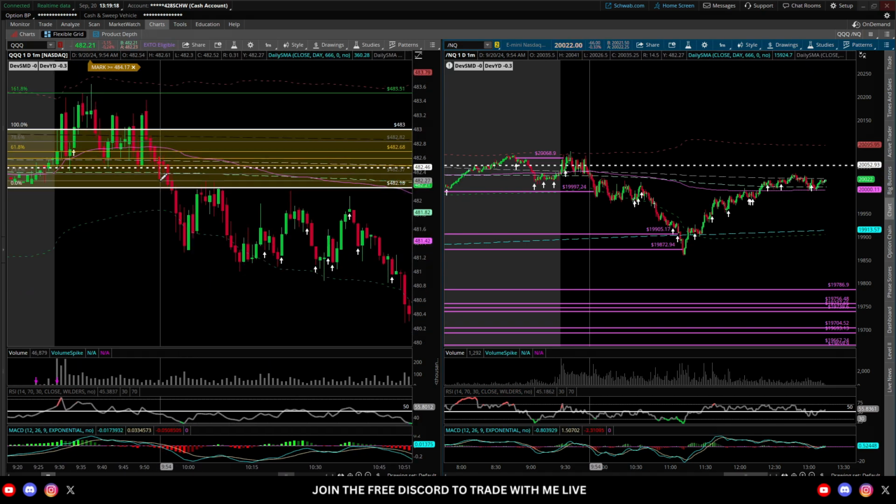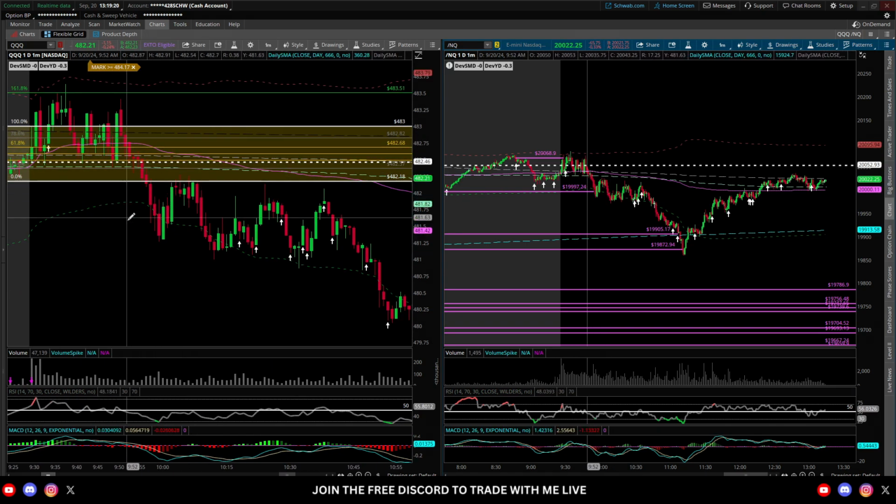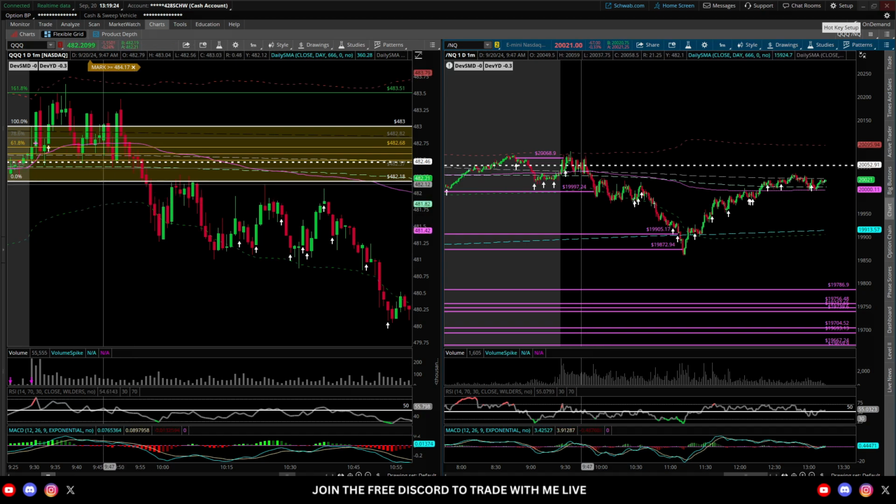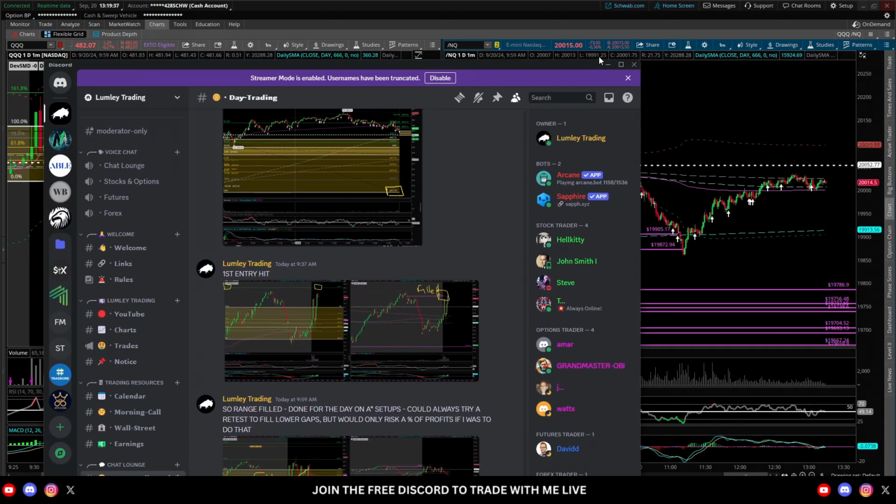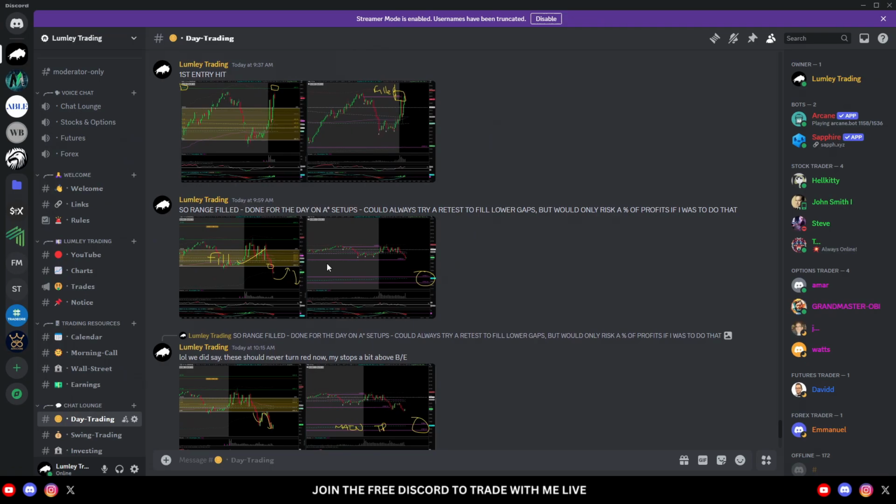Now, where's the next trading opportunity? You see these ranges. If you've been watching the channel day in, day out, we use the ranges the exact same way. Once you break out of a range, what tends to happen? You get your retest, and that can drive you to the next directional target. So, what did we post in the Discord? Because we drew out the exact plan before it happened.